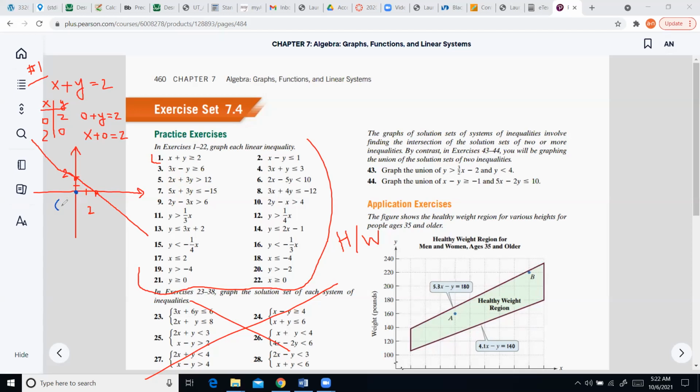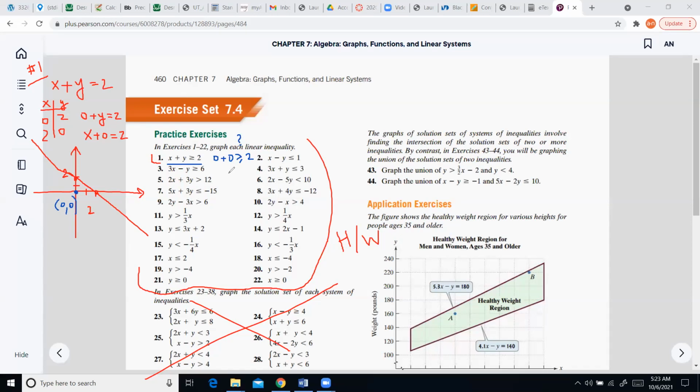And now we have to test and see if we are going to be above or below that particular line. And to test it, I'm going to need to plug this into my inequality. So what do I plug in? 0 for x, and 0 for y. And I wonder, is 0 plus 0 greater than or equal to 2 or not?